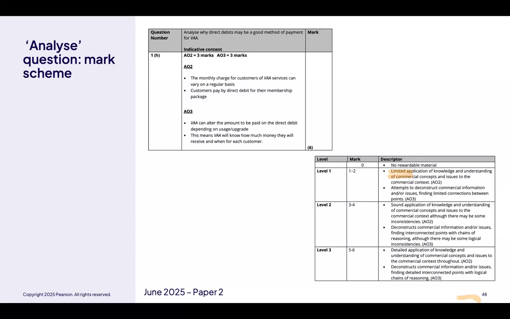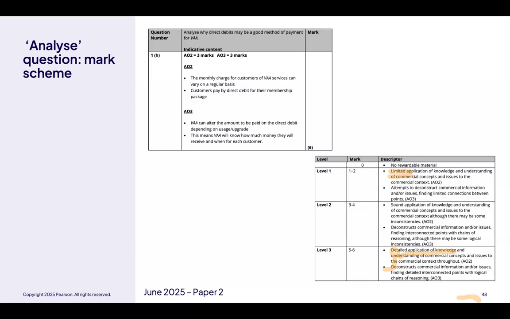Whereas by the time we get to level 3, it's detailed application and understanding of commercial concepts and issues. So the first bullet point in each box is AO2. The next bullet point down is AO3. So in the first box, level 1, attempts to deconstruct commercial information.